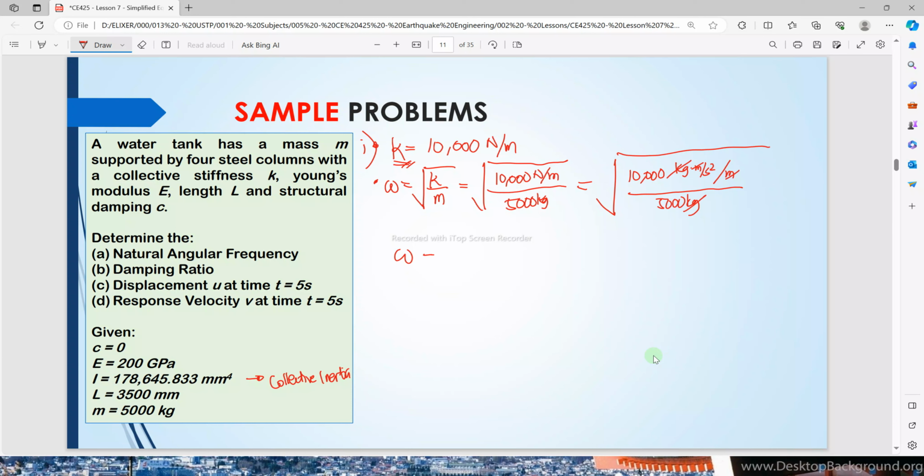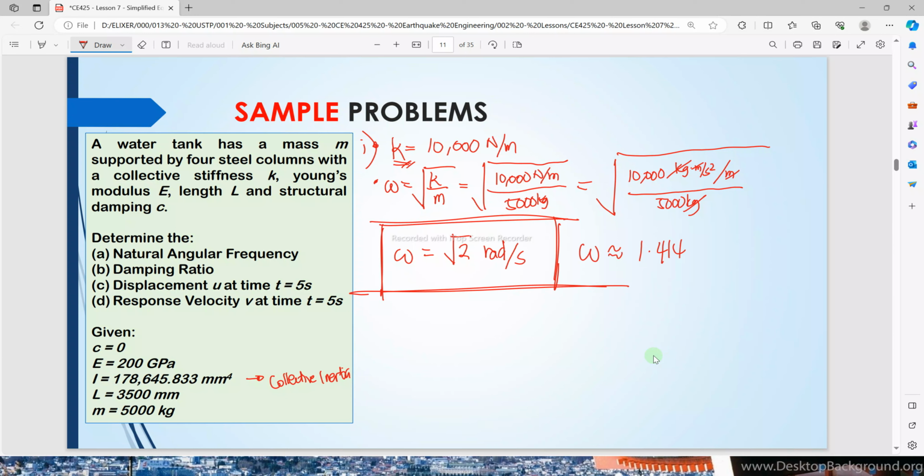So we will have that omega is equal to square root of 2 radians per second. So that is the answer to A. Omega is approximately equal to 1.4142 radians per second.